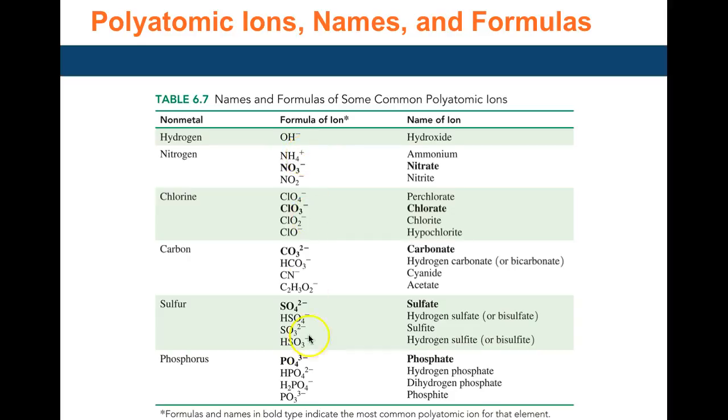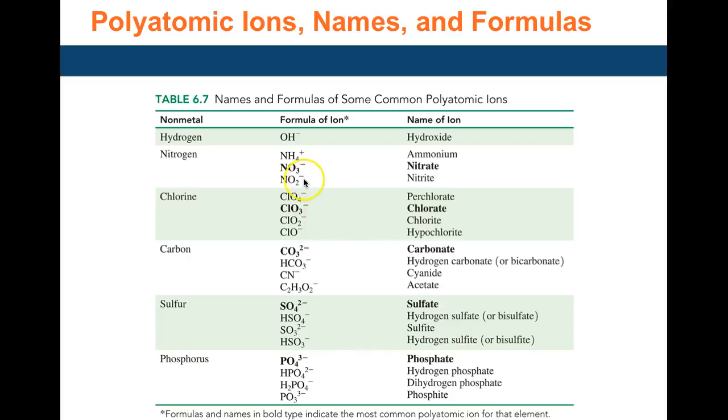All the rest have got negative charges, and all of them have oxygens. The exceptions being, you have the cyanide, which doesn't have an oxygen, and the ammonium, which also doesn't have an oxygen, all right? So CN minus is cyanide, but all of them have oxygens in them.